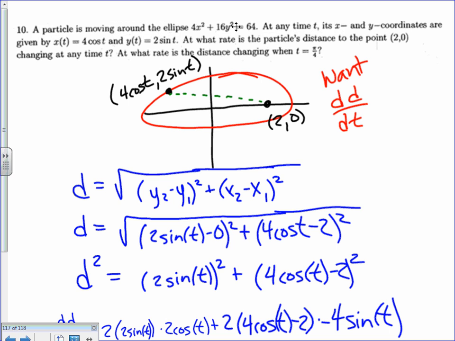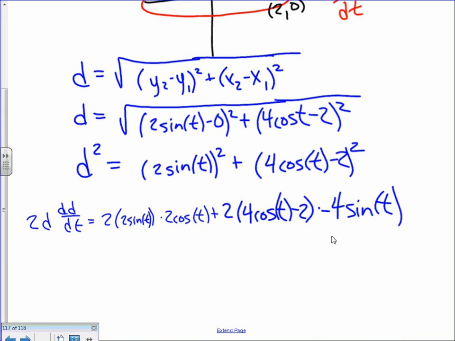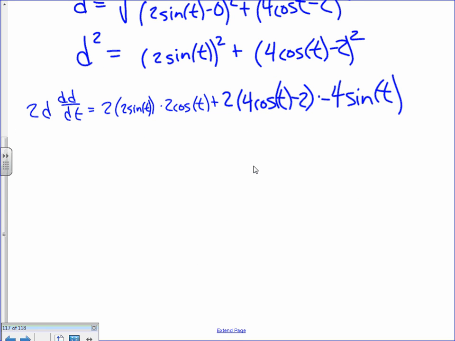The question, what rate is the particle's distance to the point changing at any time t, means that we want dd/dt to be a function of t. So we want dd/dt equals, and then a whole bunch of stuff with t. However, we have one little problem here, and it's that we have this 2d in there. So we're going to need to deal with that.